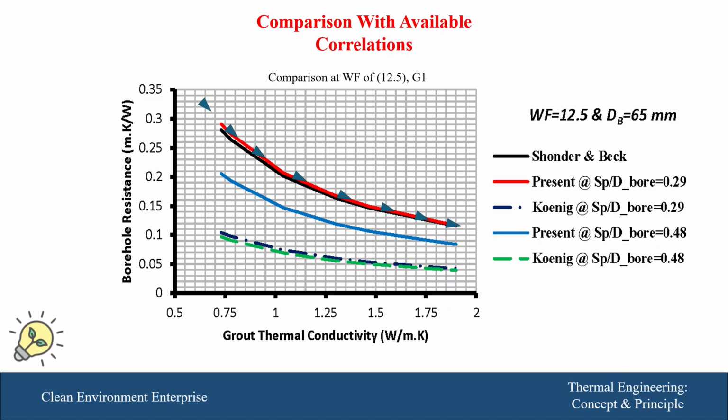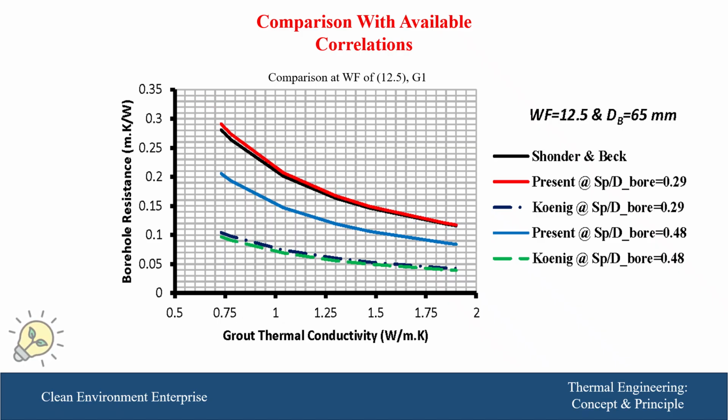Therefore, we have to select an accurate correlation to predict the thermal design of such heat exchangers. As can be seen here, for example, for the present model and Schonder for geometry factor of 0.29, at thermal conductivity of 0.73, the thermal resistance is around 0.28.